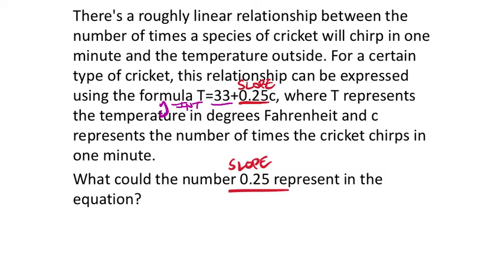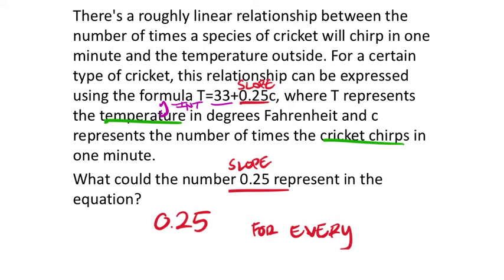What were the two things being compared? Temperature and the number of chirps. Again, it's a rate, so it should be something for each or per something else.